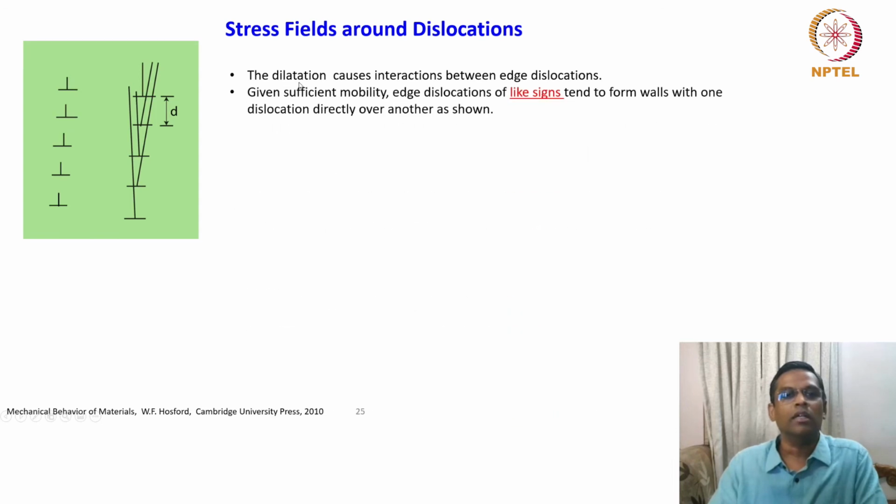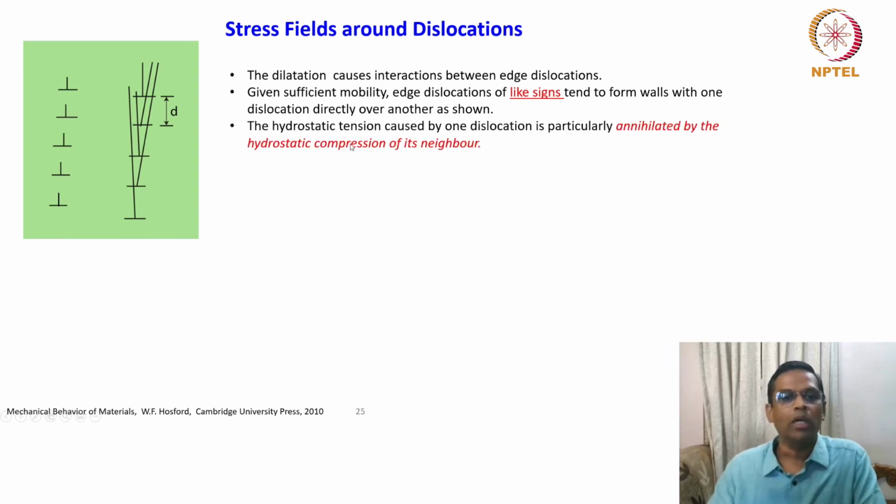So that dilatation causes interaction between the edge dislocations. Given sufficient mobility, edge dislocations of like signs tend to form walls with one dislocation directly over the other, as shown. So there is an interaction of these edge dislocations with like signs, that is the same sign here. That's what we have shown here. They try to form a wall.